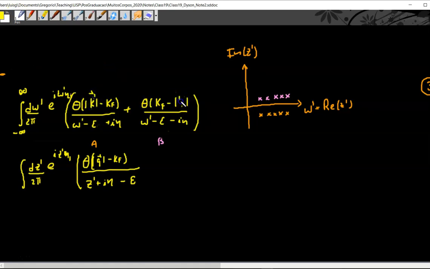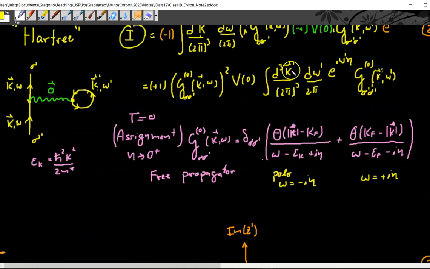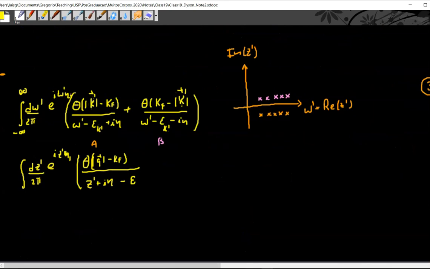So k prime is what we had before, right over there, minus epsilon at k prime. And this has theta of kf minus k prime over z prime minus i eta minus epsilon at k prime.